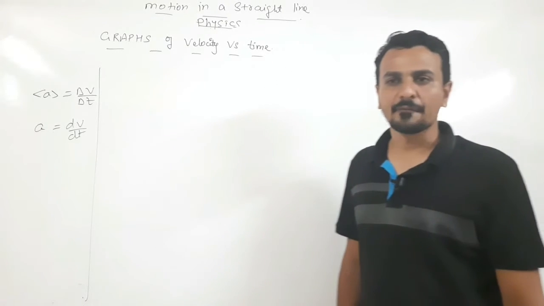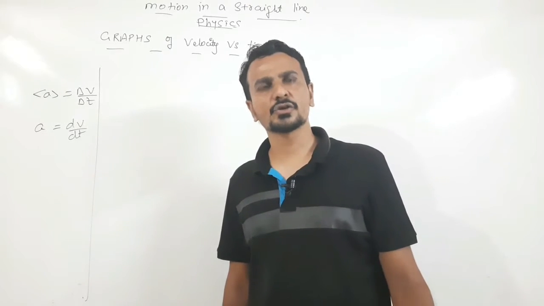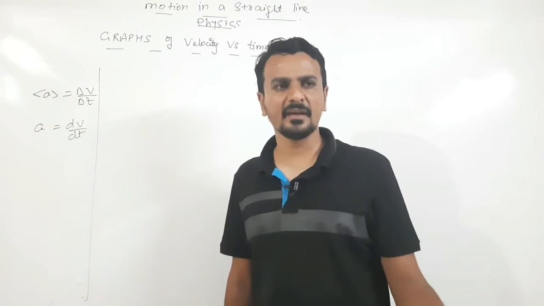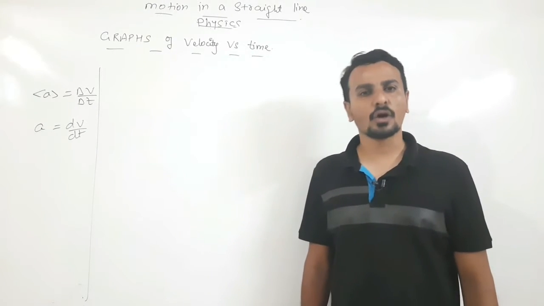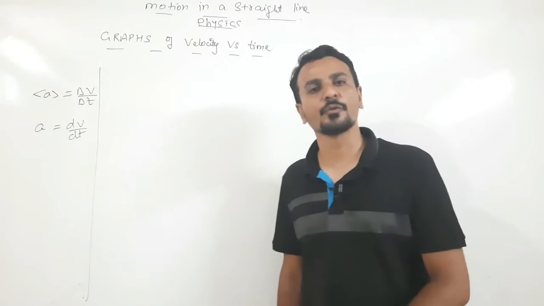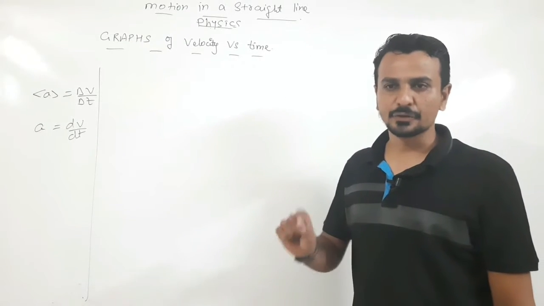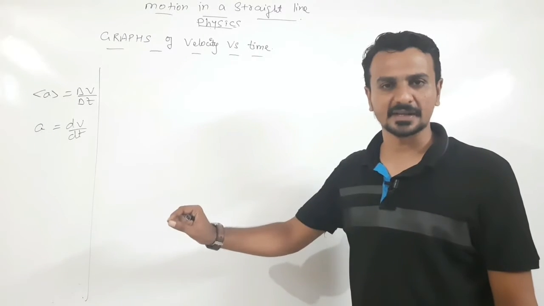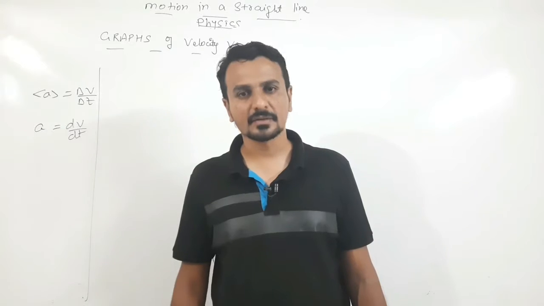That means if an object is changing its velocity, say 2 meter per second in every 4 seconds, the change in velocity is constant, so that object is moving with constant acceleration. Clear? When any object uniformly changes its velocity with time, it is said to be moving with constant acceleration.